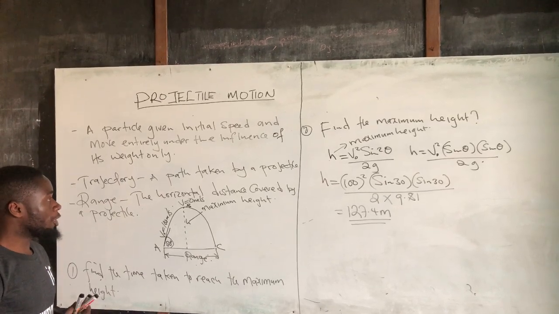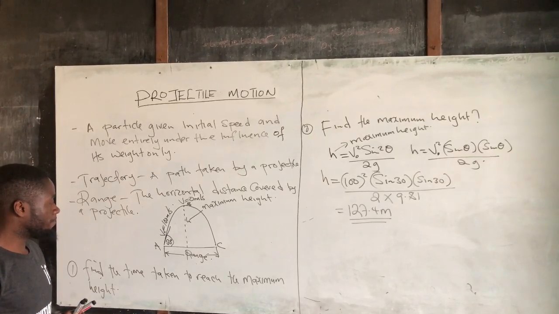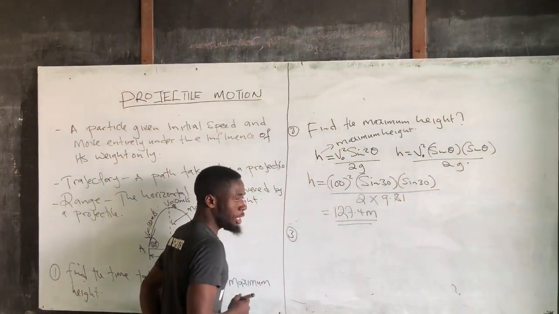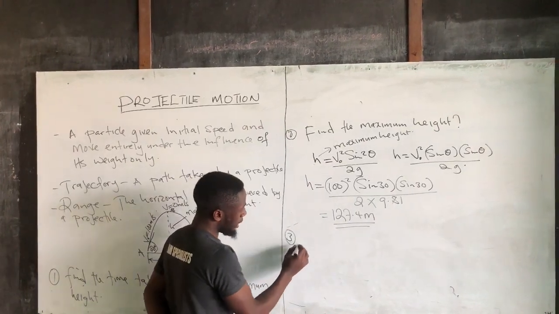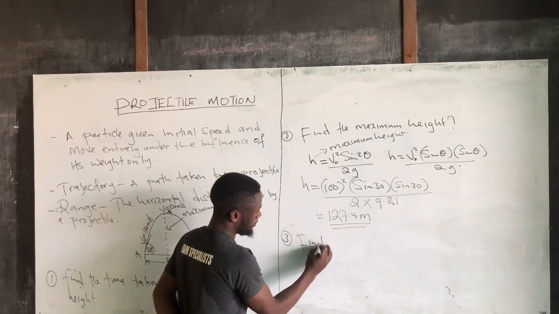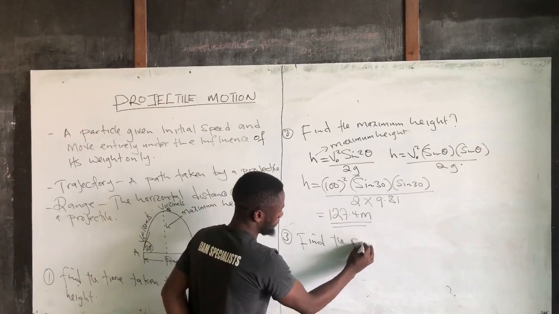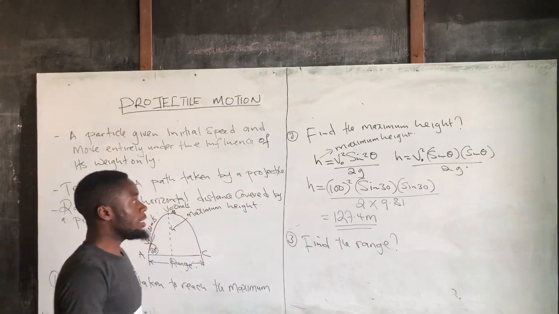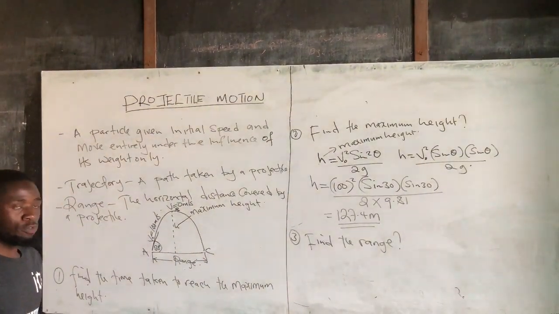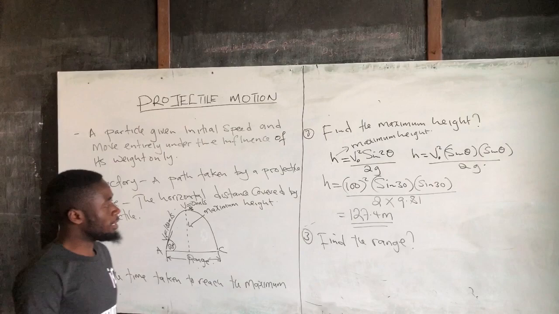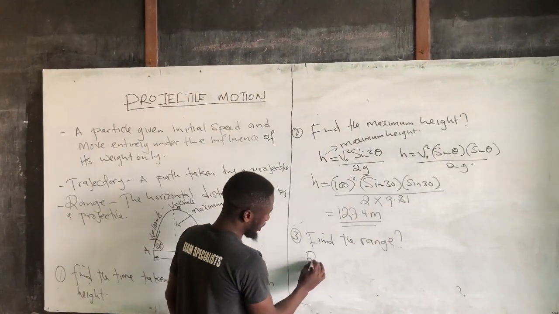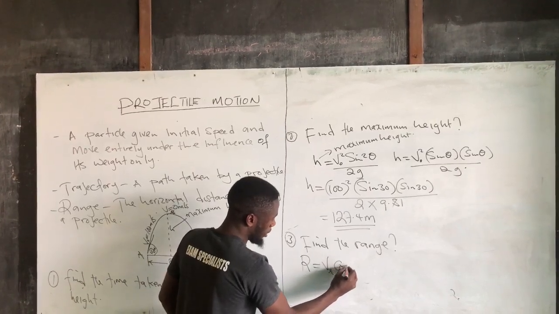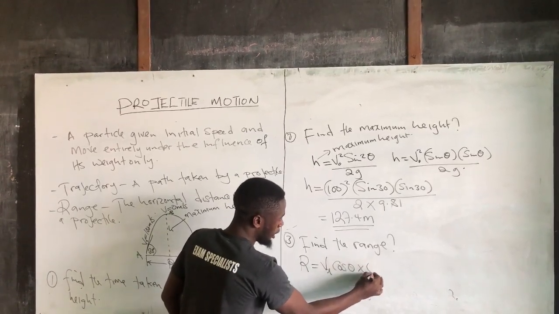So the next question they'll ask you here is to find the range, or find the horizontal distance covered by a projectile. Find the range. So how do we find this range? In this range, we have two formulas. So the first formula is, say, R equals Vx cos theta multiplied by t.